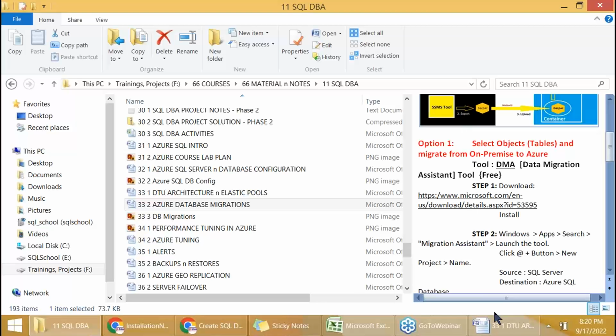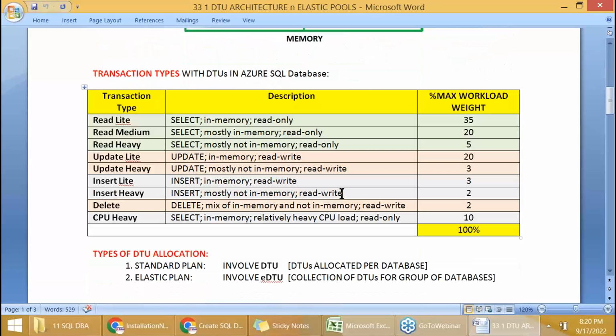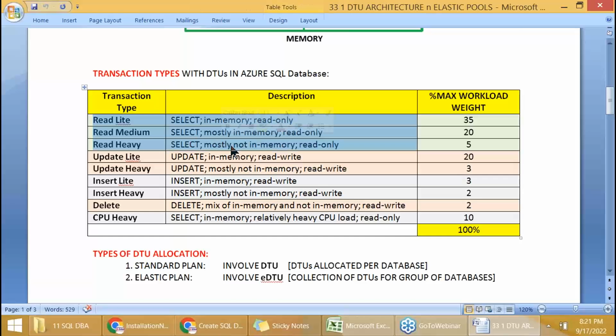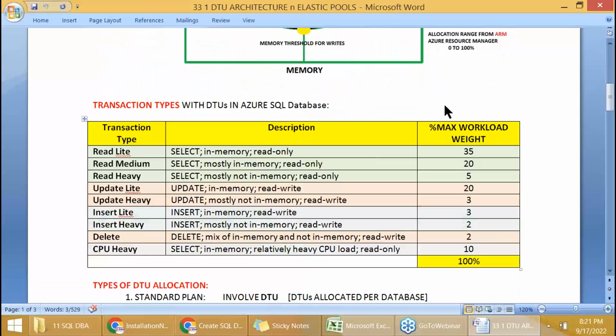That select statement is automatically graded into read light, read medium or read heavy. Now the question arises, who is grading this? Undoubtedly ARM, in communication with an internal component that we will discuss in another 5-10 minutes called the Azure built-in intelligence component.